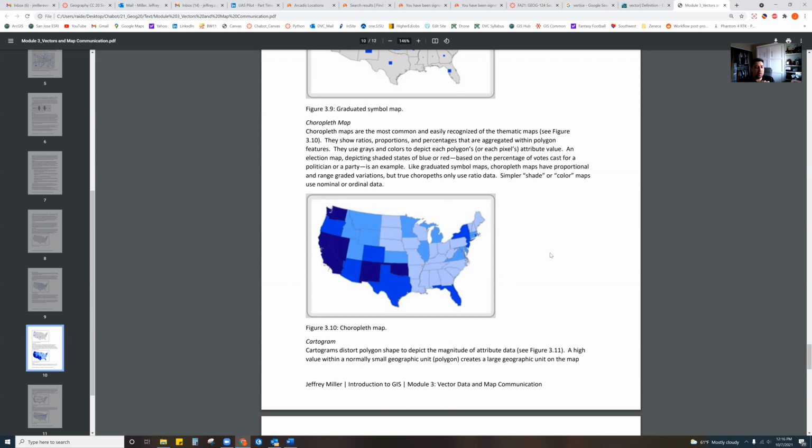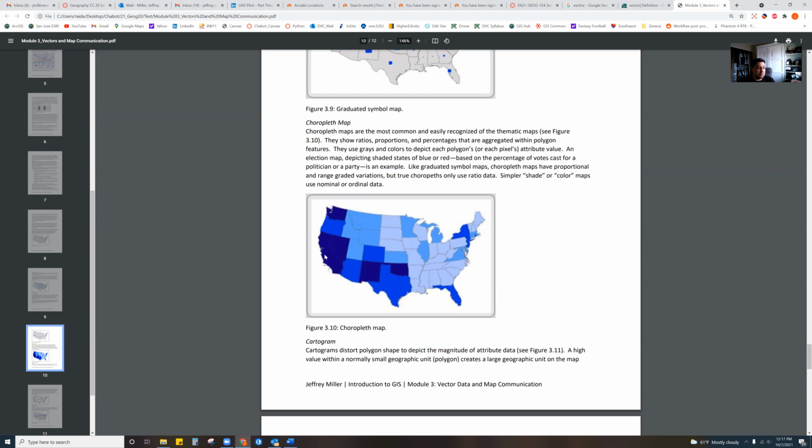Generally speaking, the rule is the darker the color is on the map, the more of that specific value we're trying to evaluate exists. So again, maybe it's fast food.